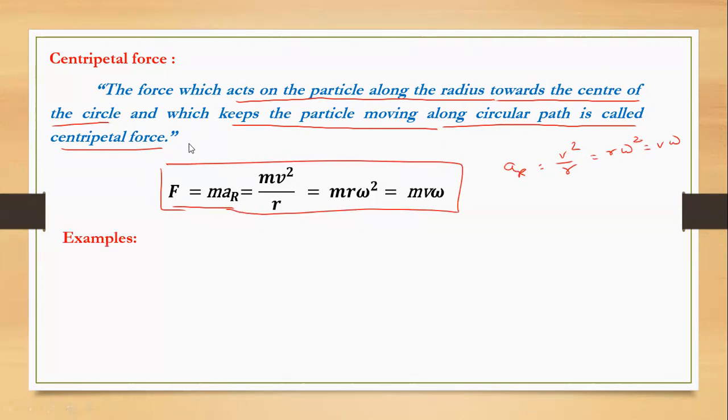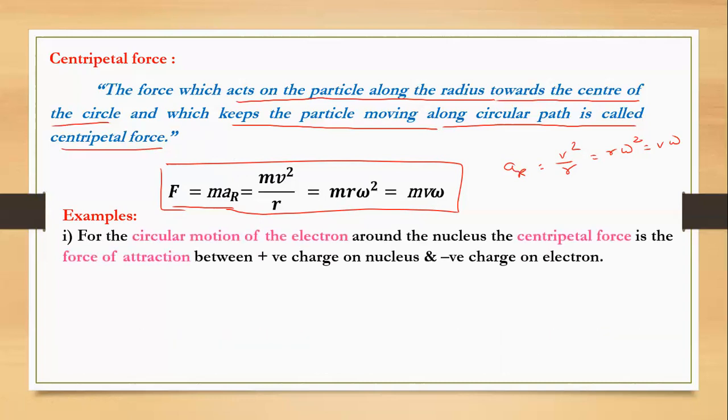After the formula, let's see some examples of centripetal force. We can discuss many examples, but few examples we are discussing here. The first example is the circular motion of an electron. Everybody knows that electrons are revolving in a circular manner around the nucleus, and for that circular motion of electron around the nucleus, centripetal force is the force of attraction between the positively charged nucleus and the negatively charged electron.